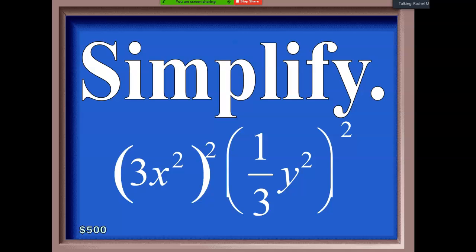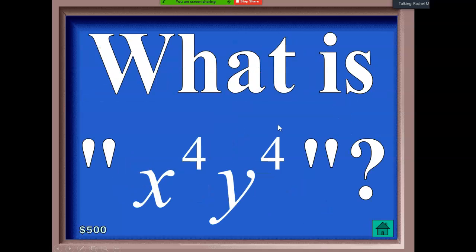Clean up the stuff. Emily has it. The 9s and the 1/9 cancel. It's x to the 4th, y to the 4th.